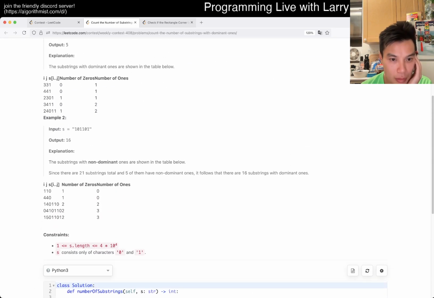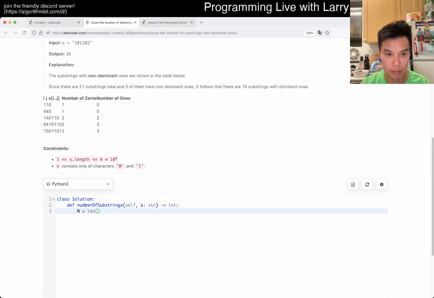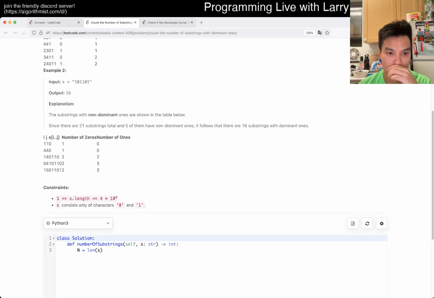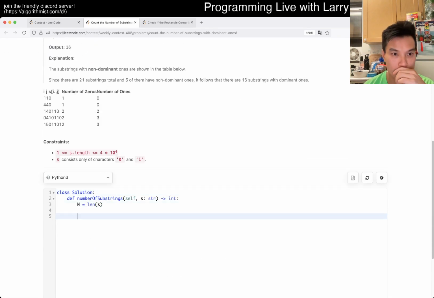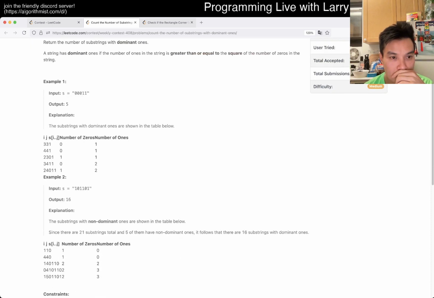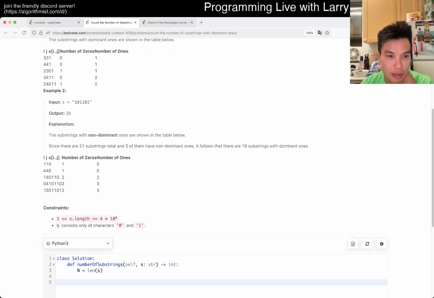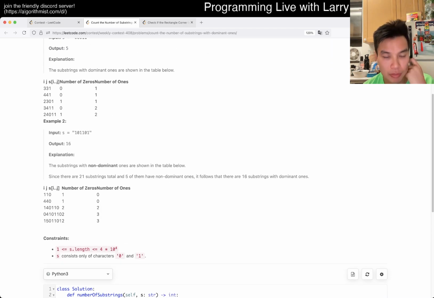Okay. No one's gotten it yet though. This is 01, 11, so it's greater than or equal to. Okay. That's what this is. 5, 16. Okay. I mean, in theory, we want.